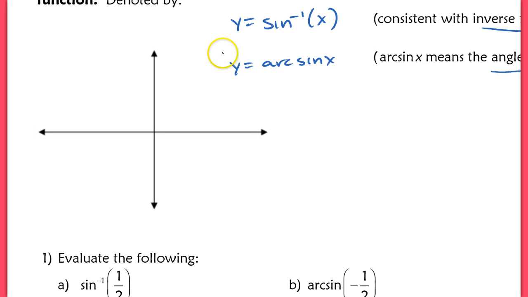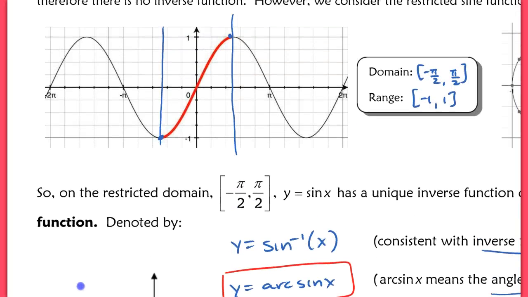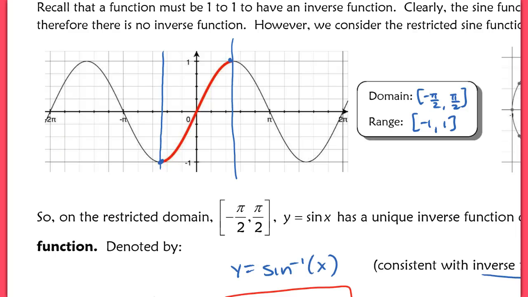Okay, so now I want to graph our inverse sine function, this arc sine of x. In order to graph that inverse sine function, all we need to do is take a look at our sine function and where we restricted our domain. I'm just going to look at the coordinates of this graph, because remember, when you graph f of x, you take a coordinate x, y. On the graph of its inverse, f inverse x, we would have the coordinate y, x. So all that happens is that those values switch. Here I've got the coordinate pi over 2, 1, and down here I have the coordinate negative pi over 2, negative 1, and obviously the coordinate 0, 0.